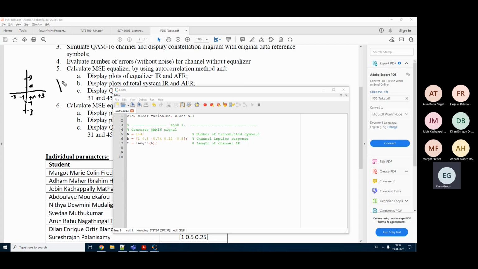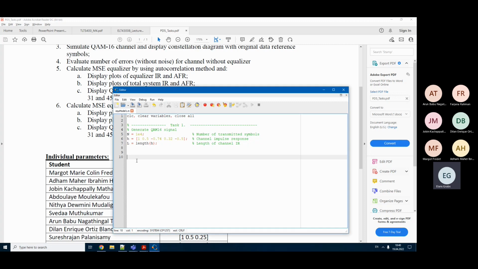For example, we generate x as one of these: -3, -1, +1, +3. We generate y in the same possible values. Then we calculate the complex point as x plus y multiplied by the complex i. So this same approach we are going to use.